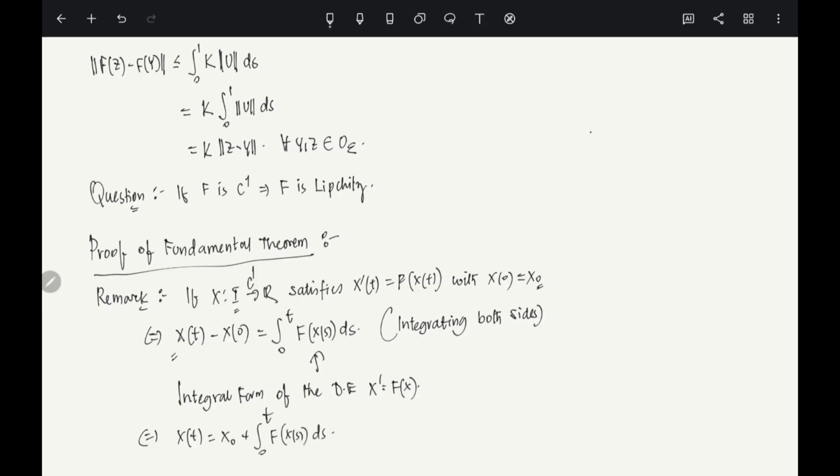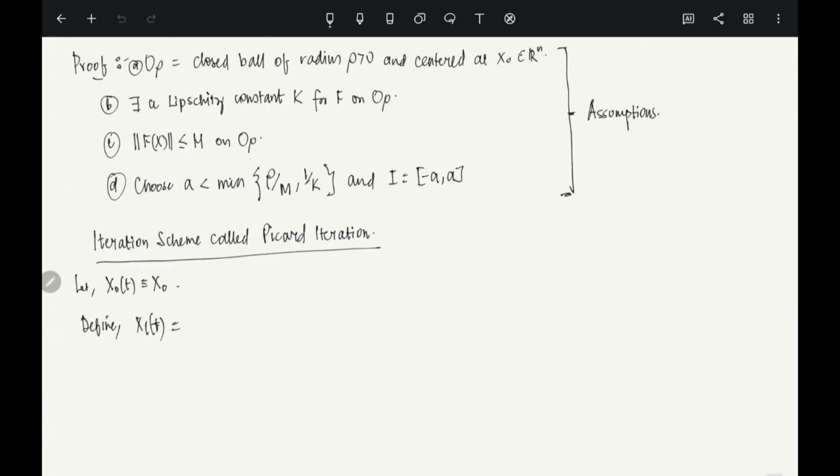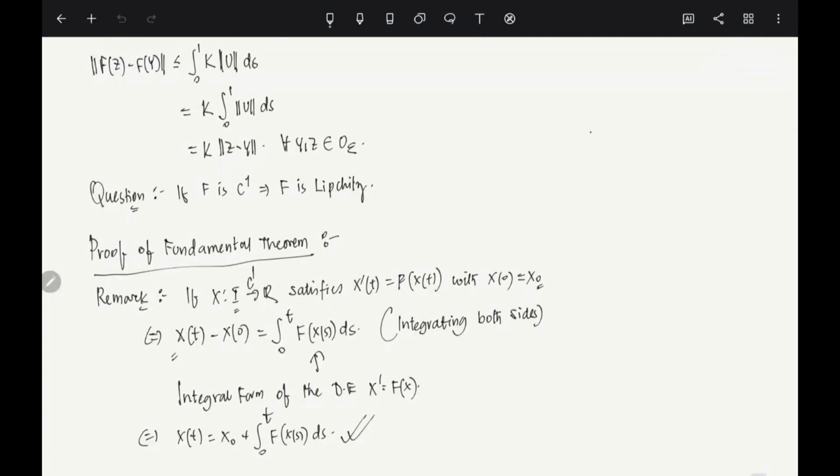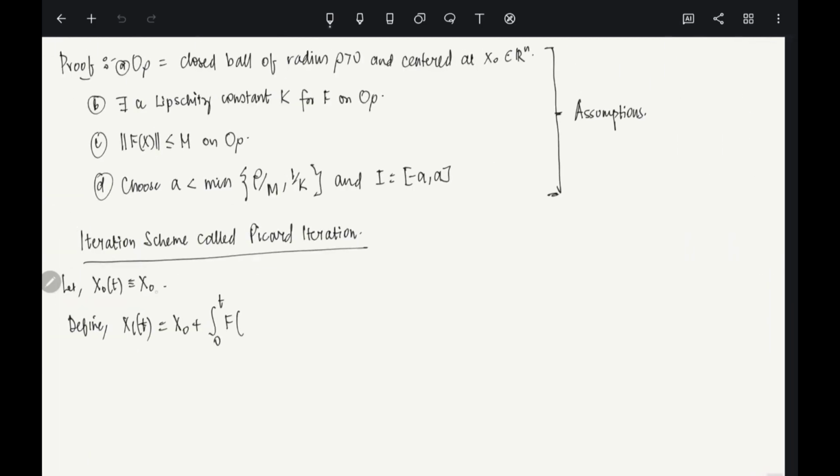So these are all equivalent. I want my iterate to converge here, so I will define it accordingly, using the previous iterate, which is x naught.